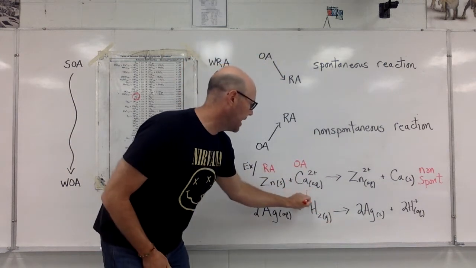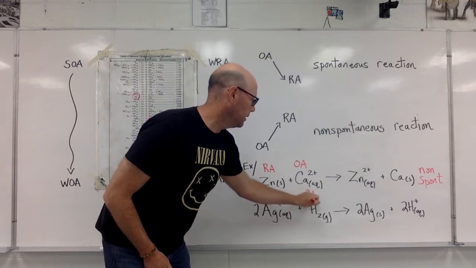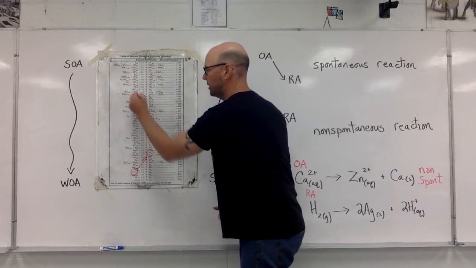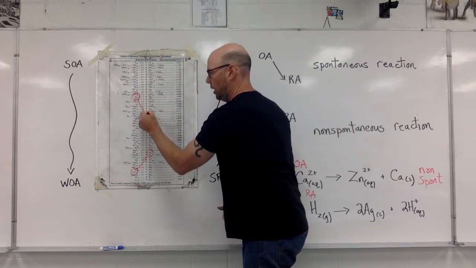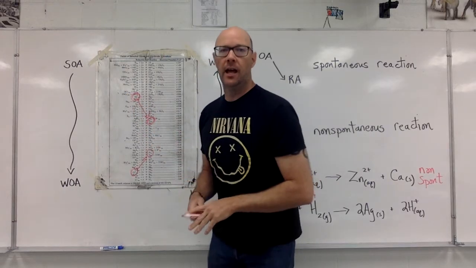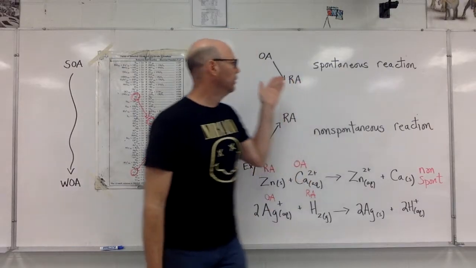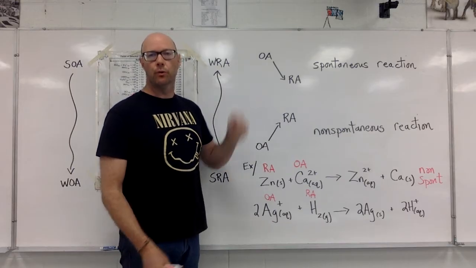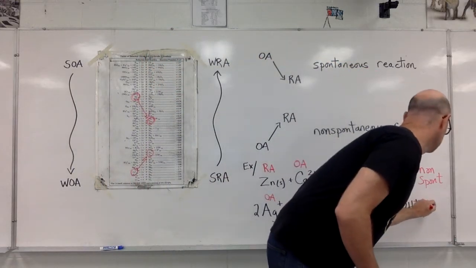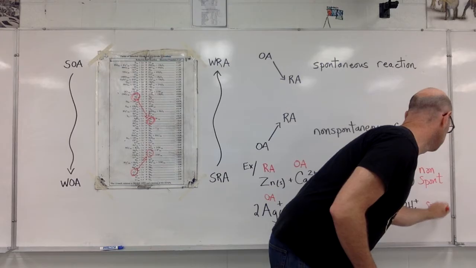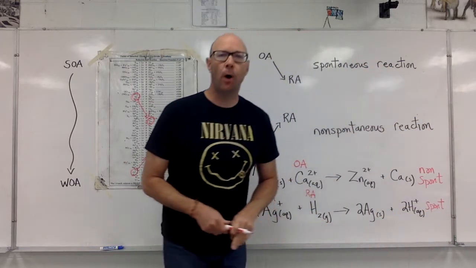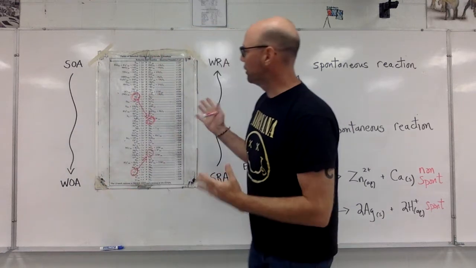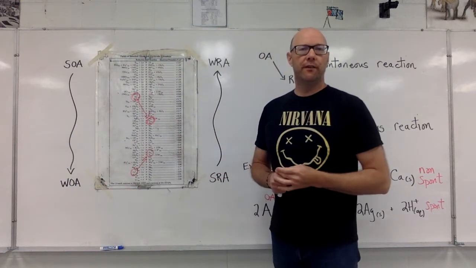The hydrogen gas is a reducing agent. Now that I've found them, the oxidizing agent is higher up on the table than the reducing agent, which means it's a spontaneous reaction. Spont for short.